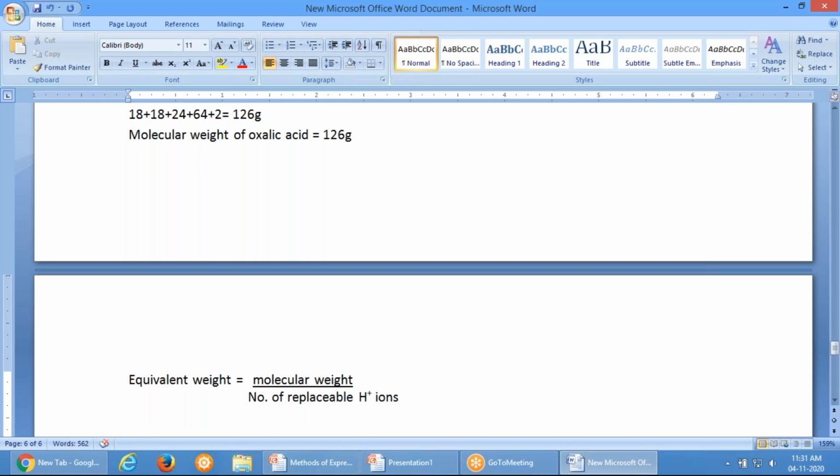So 126 by 2 is 63. Equivalent weight is equal to 63 grams.